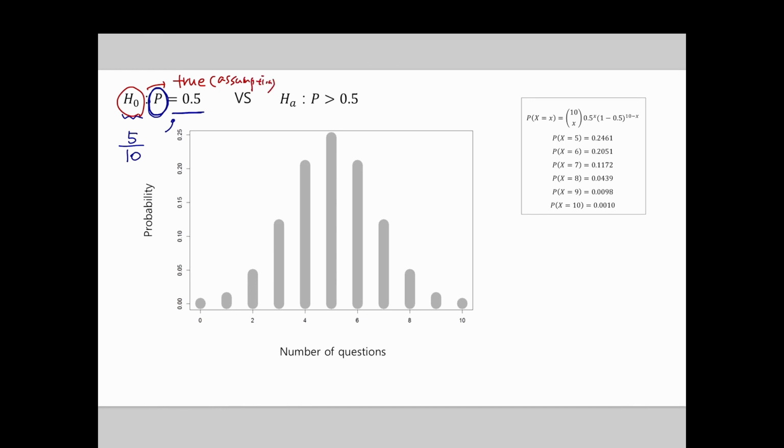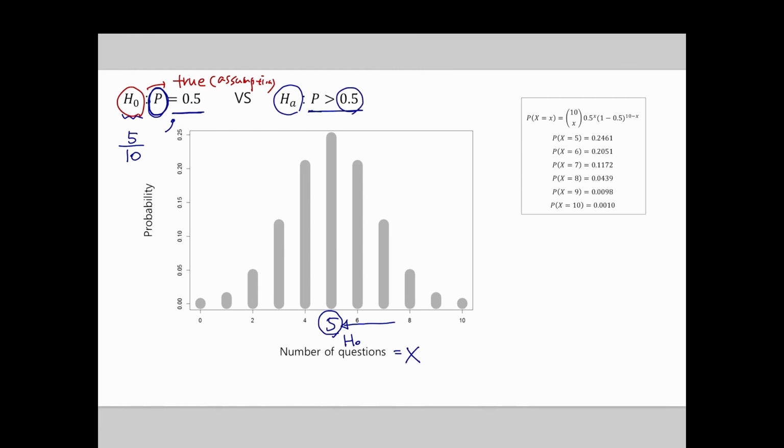Okay. Therefore, as x gets close to 5, it supports the null hypothesis. On the other hand, the alternative hypothesis is that the probability is greater than 0.5.